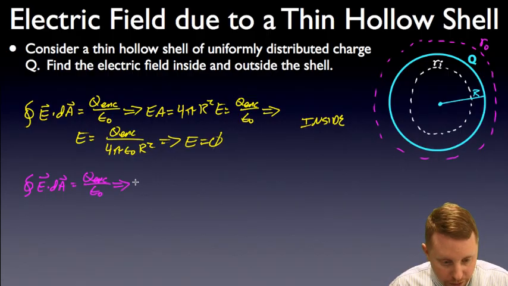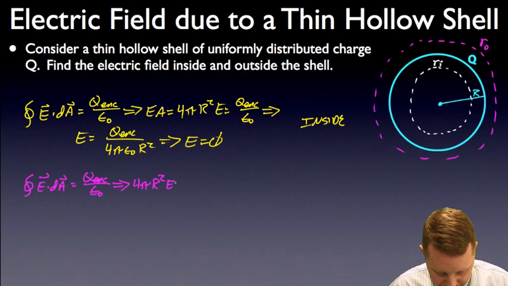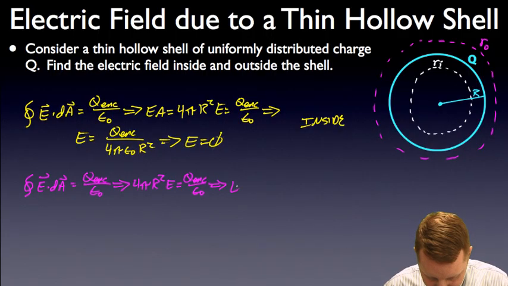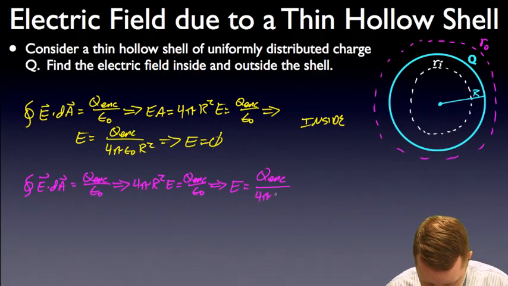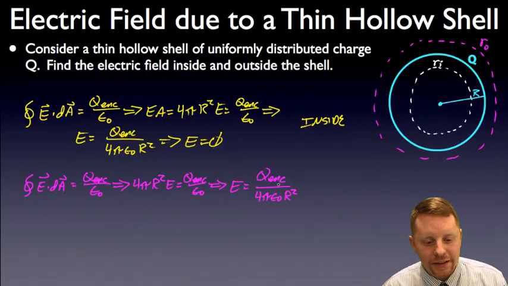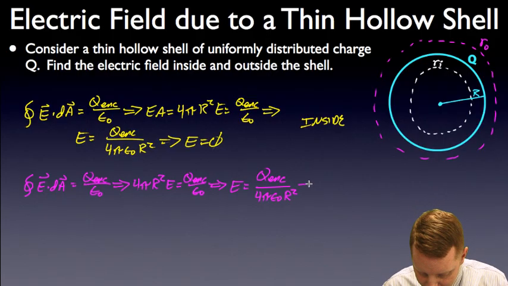And once again, 4 pi r squared times the electric field must be Q enclosed over epsilon naught. Therefore, the electric field must be Q enclosed over 4 pi epsilon naught r squared. But our charge enclosed now isn't 0, it's capital Q.